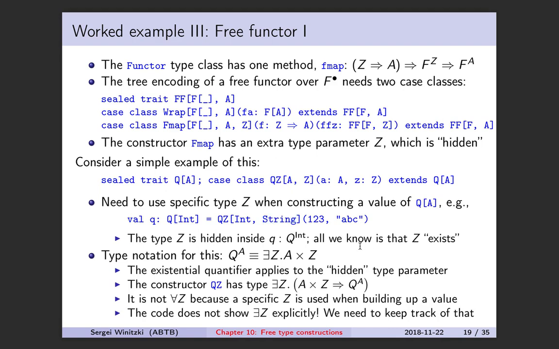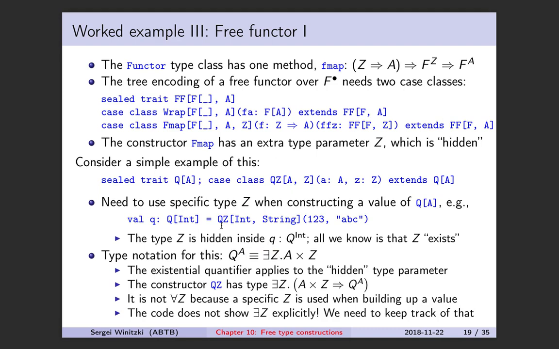So it is called the existential quantified type. So this is a type notation that I would use to denote this definition. This definition is a type constructor with parameter a, which inside hides type z, which must exist.